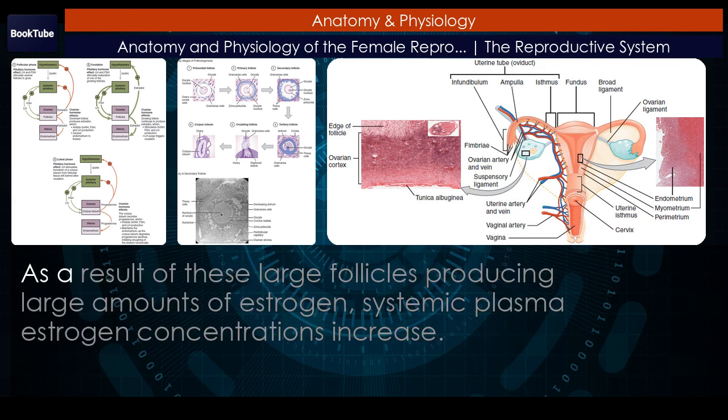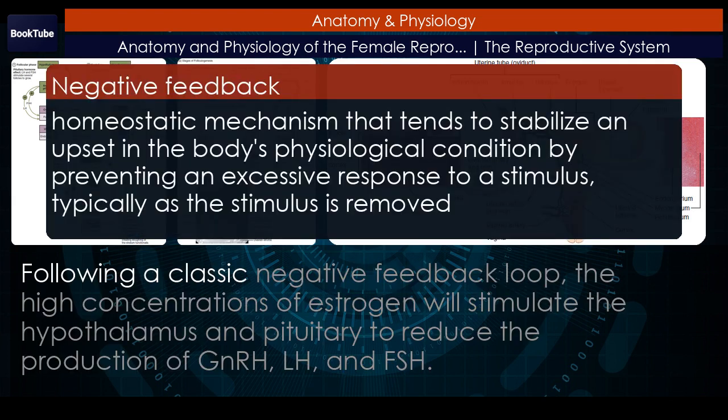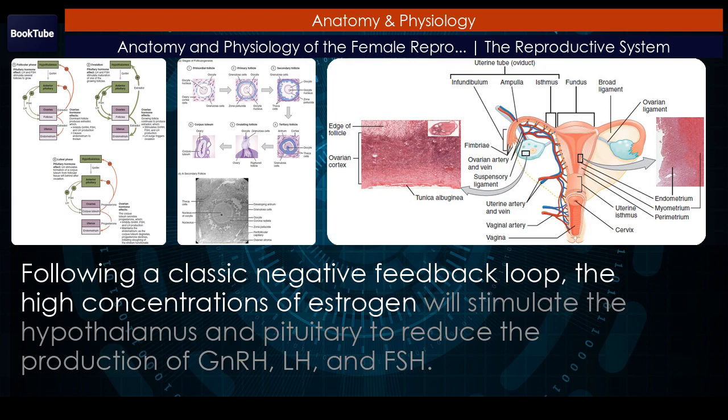As a result of these large follicles producing large amounts of estrogen, systemic plasma estrogen concentrations increase. Following a classic negative feedback loop, the high concentrations of estrogen will stimulate the hypothalamus and pituitary to reduce the production of GnRH, LH, and FSH.